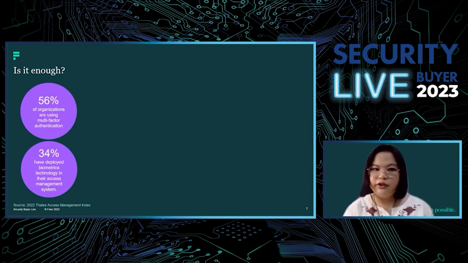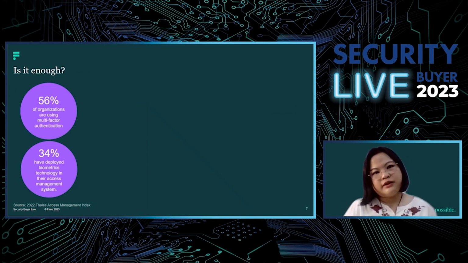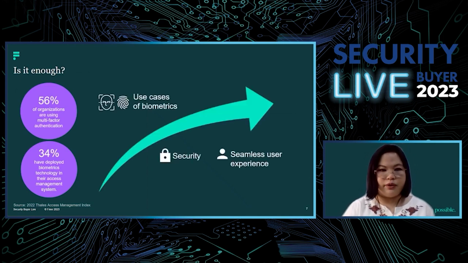So multi-factor authentication requires more than one factor, of course. But among these usages, only 34% of the organizations choose biometrics to be the technology they use for their access management systems. So we can see there is still space and trust to build in this industry to have better biometric solutions to the market.